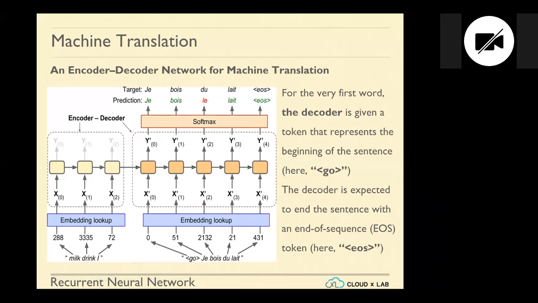For the very first word, the decoder is given a token that represents the beginning of the sentence. The decoder is expected to end the sentence with EOS. Since we want to explicitly mark the end of the line as well as the beginning of the sentence, we have markers for them, so that it can differentiate between where it ends and where it begins.